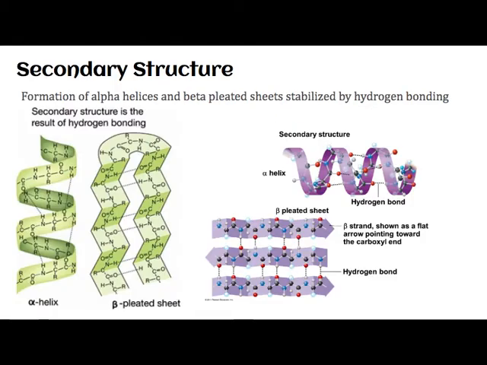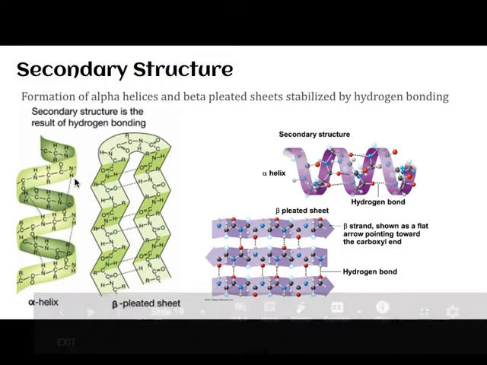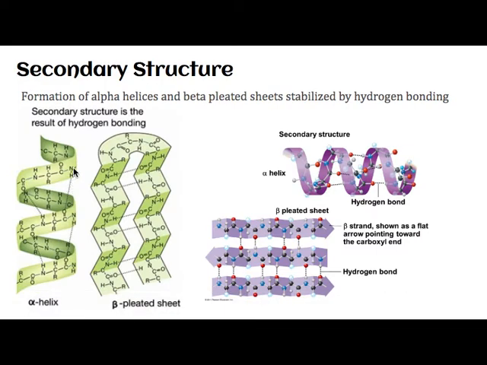Secondary structure. This is really cute. Secondary structure is you have the sequence and the amino part of one amino acid can react with the carboxyl part of another amino acid to form a hydrogen bond. See, this is nice. You've learned all of this. How is this a hydrogen bond? The H is bound to an N. Remember NOF?